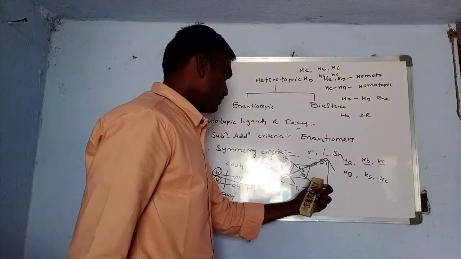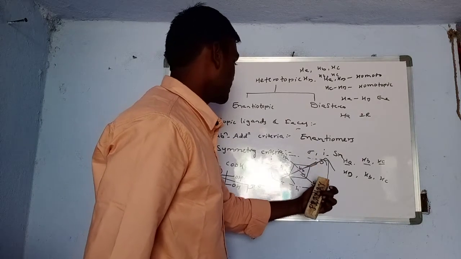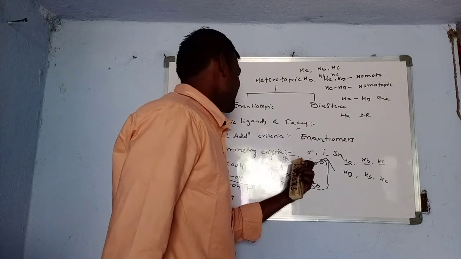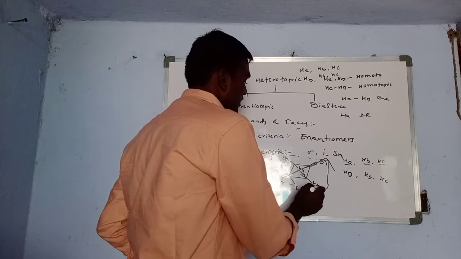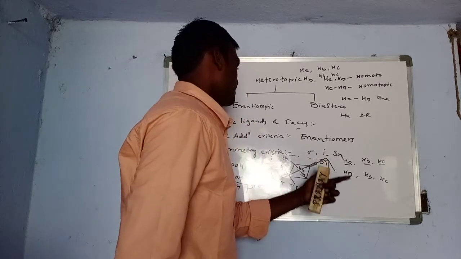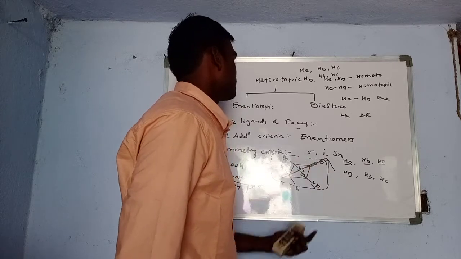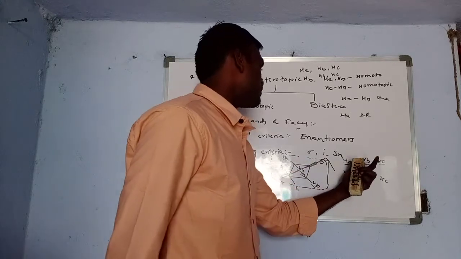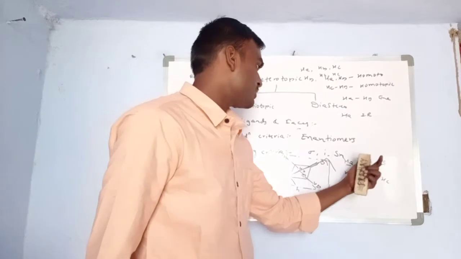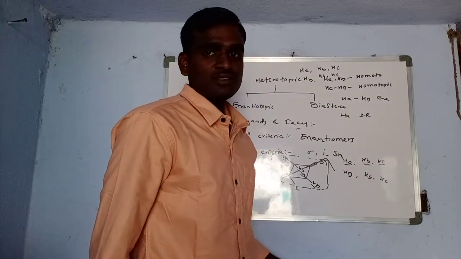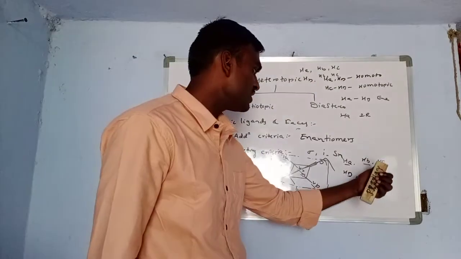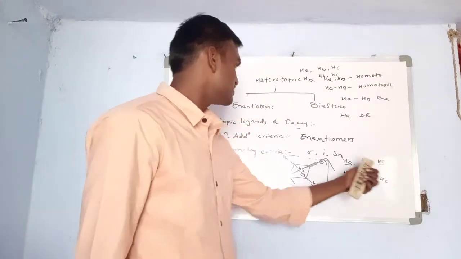Similarly, HD and HC are enantiotopic, and if we cross this plane, HD and HB are interchanged. So finally we conclude that HA is enantiotopic with HB and HC, and HD is enantiotopic with HB and HC.